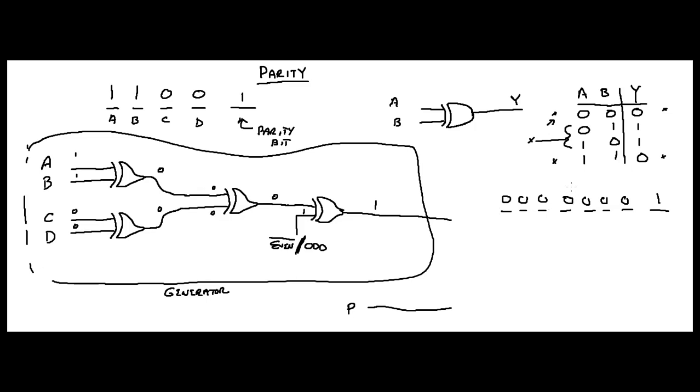Now, suppose 2 bits were flipped in the transmission, and there was some noise on the lines and 2 bits got flipped. So suppose what was received was 0, 1, 0, 1, 0, 0. In other words, this bit flipped and this bit flipped.